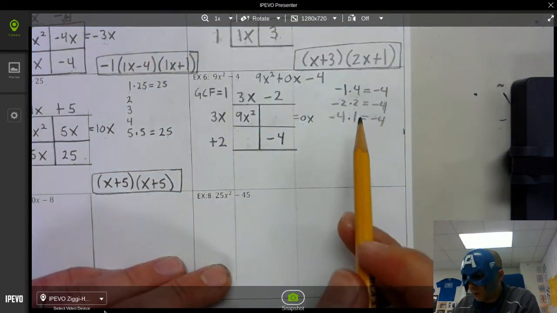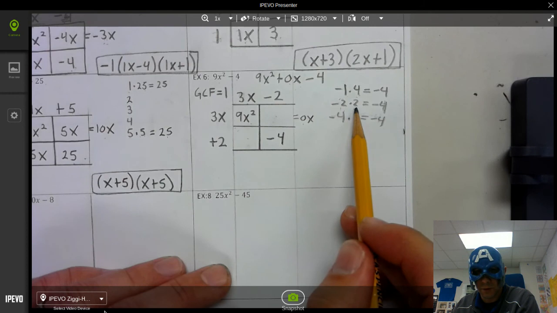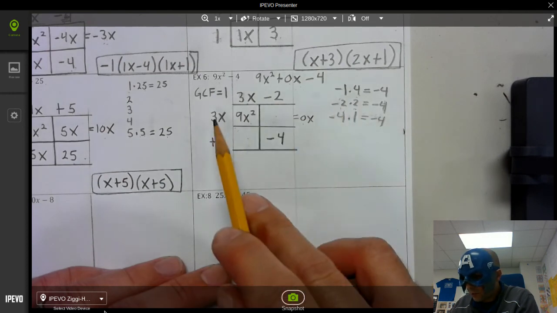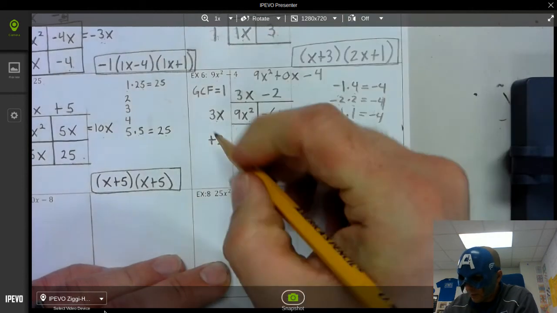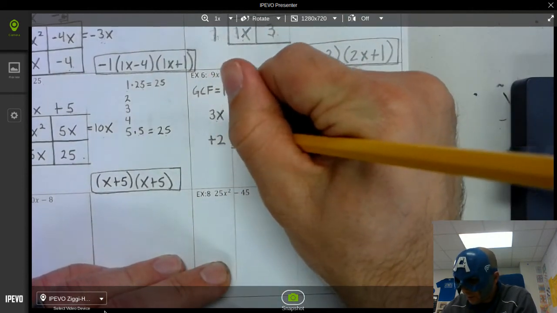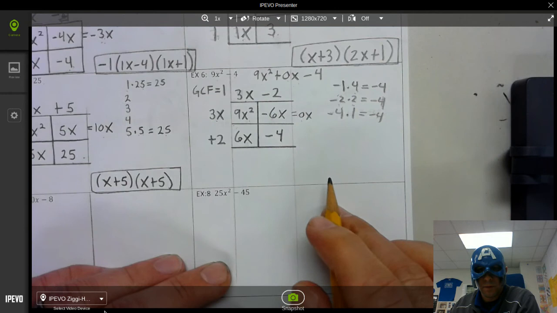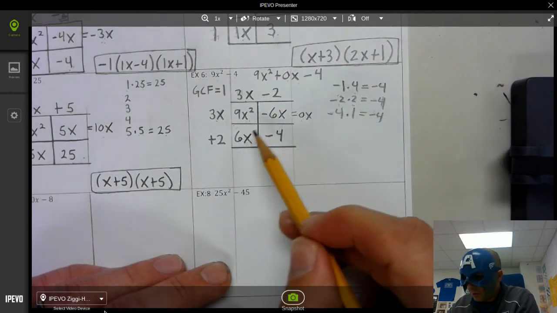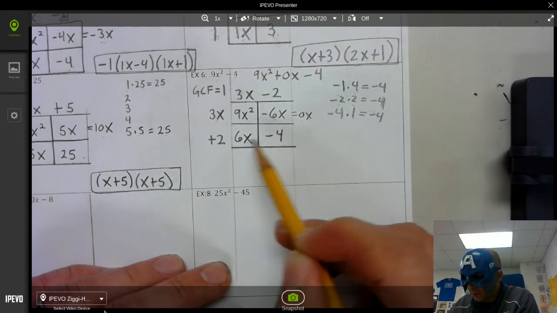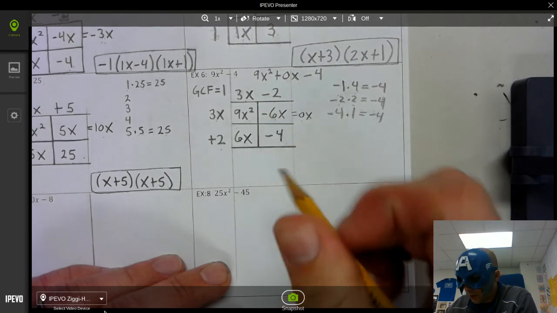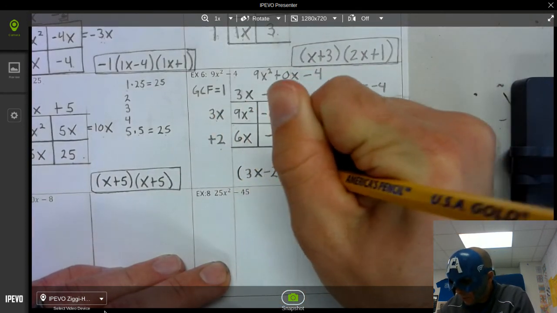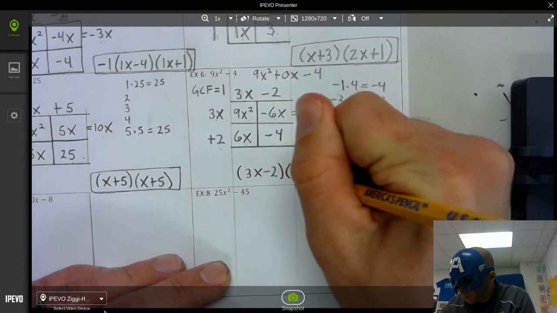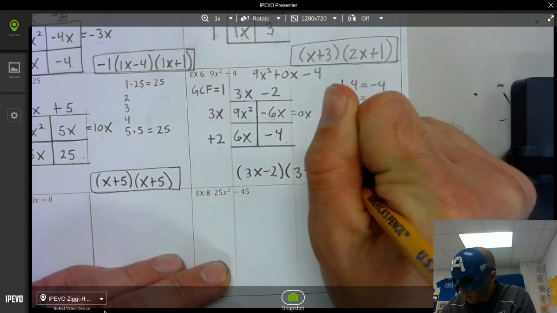And the reason why I picked those is this is the only combination that would become 0. Okay? So 3x times negative 2 is negative 6x. 2 times 3x is 6x. So these combine to be 0x. This multiplied to give you negative 4. So we've now factored 3x minus 2 times 3x plus 2.